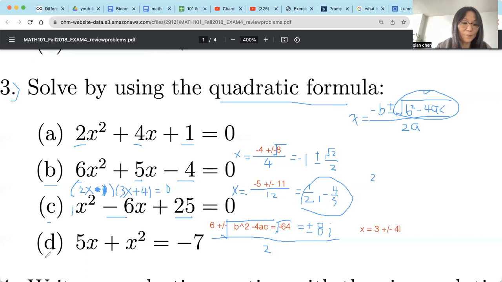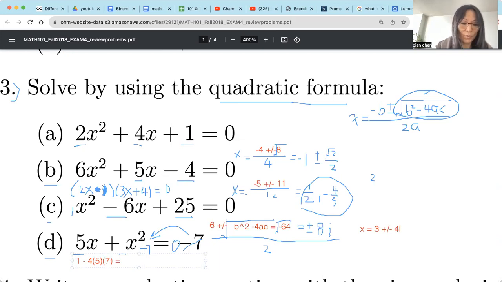Now let's see D. A is 5, B is 1, and C, we have to move negative 7 to the other side, so it becomes plus 7. So C is positive 7, it's not negative 7. Then we do the calculations again. Let's find the discriminant first. B is 1, so it's 1 minus 4 times a, a is 5, 4 times 5 times 7.